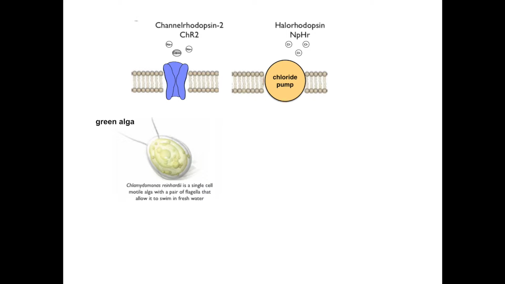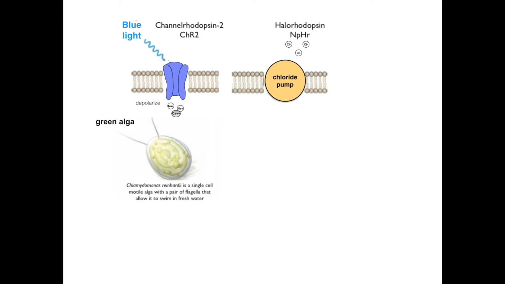It is called a channel rhodopsin because it contains rhodopsin, but it also has an ionotropic channel. As illustrated here, the channel is opened by blue light and is permeable to both sodium and calcium. Thus, when the channel is opened by light, it causes the influx of positive charges, resulting in excitation or depolarization.